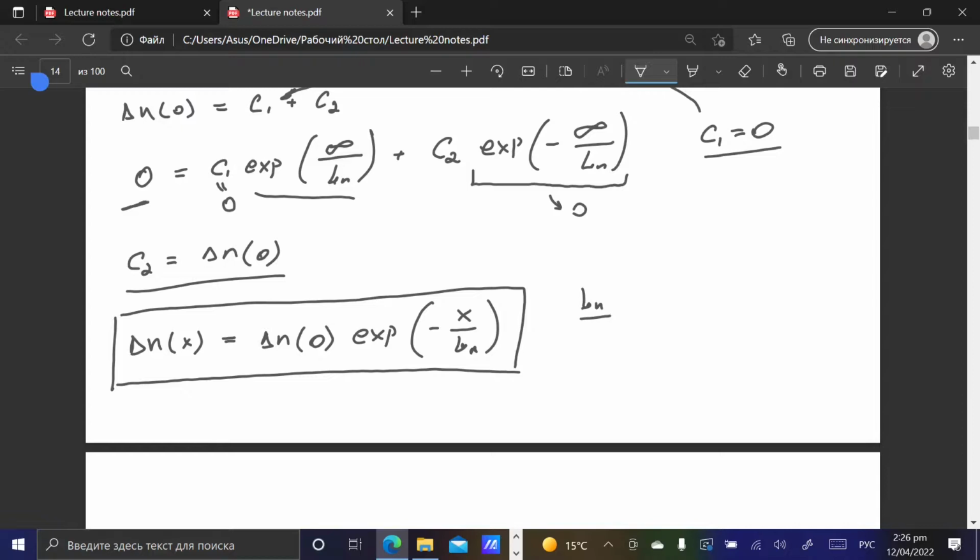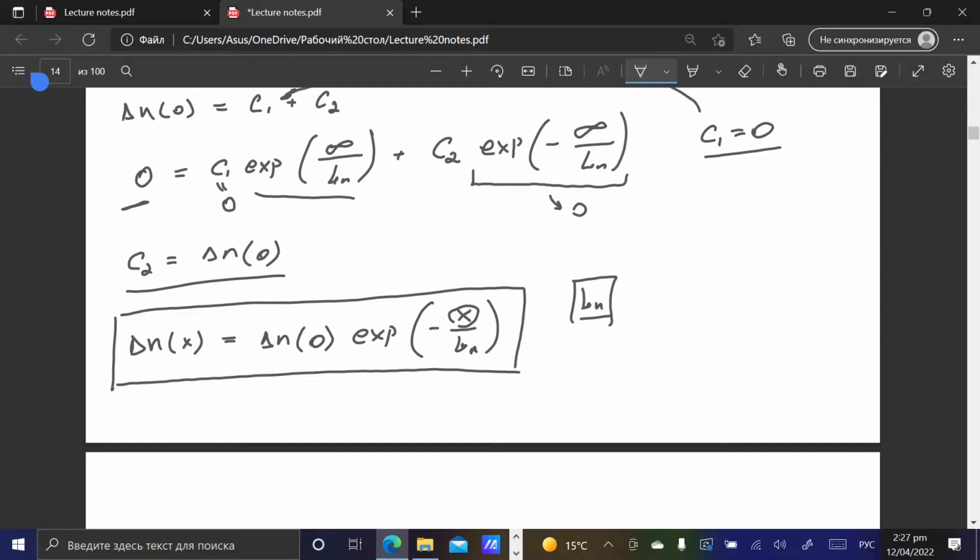From here we can easily determine the physical meaning of this diffusion length. If we substitute Ln instead of x, it will be exponent minus 1.